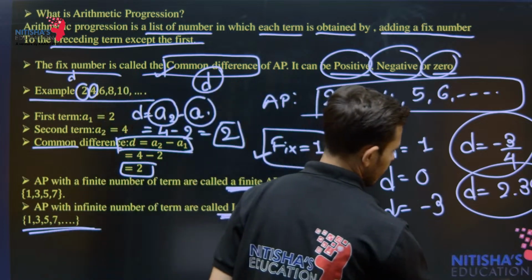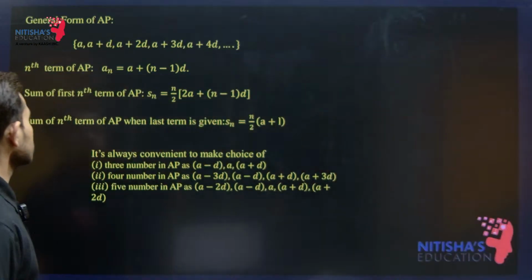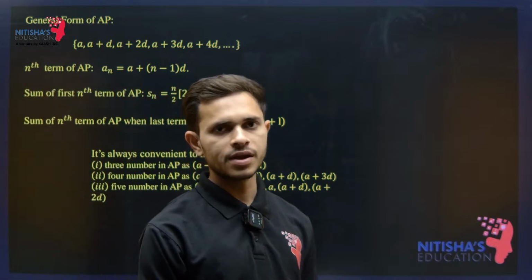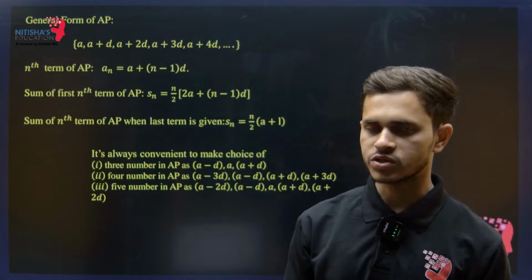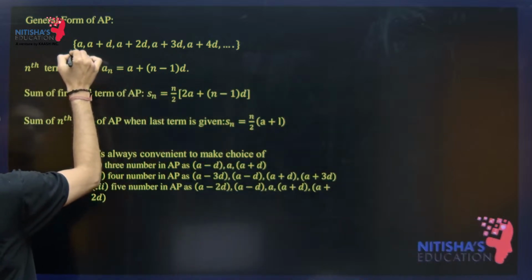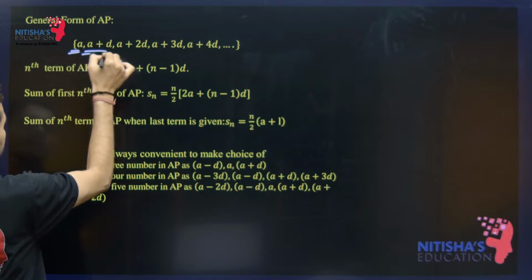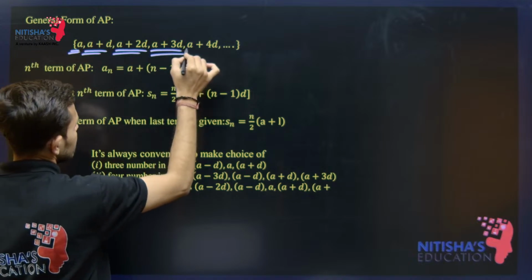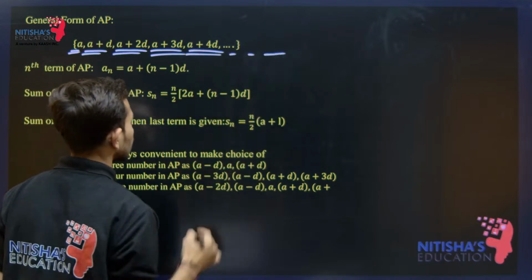that goes on infinitely. Next, the general form of an AP: how we can write any arithmetic progression. The general form is a, a plus d, a plus 2d, a plus 3d, a plus 4d, and so on.